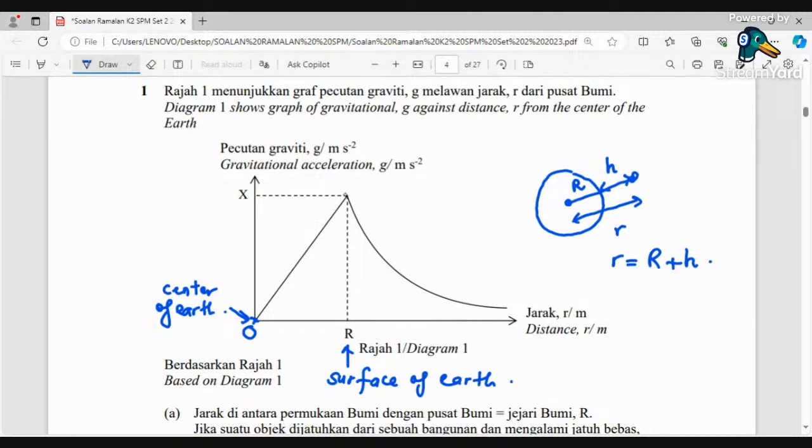As you can see, when r equals the radius of the Earth, the value of g equals X. So what is the value of X actually? From center to the surface, you can see a straight line passes the origin, meaning g is directly proportional to r here.